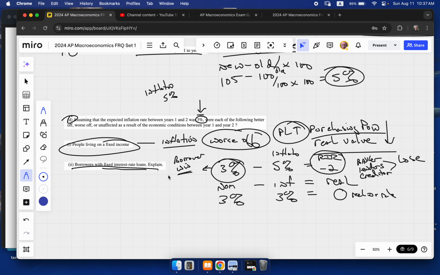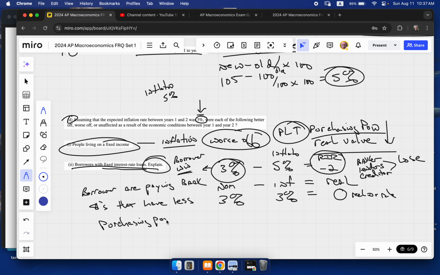The way we want to say this to explain that clearly is we say borrowers are paying back dollars that have less purchasing power. You could also say less real value. The dollars that are paid back have less purchasing power or less real value from when they borrowed, right?